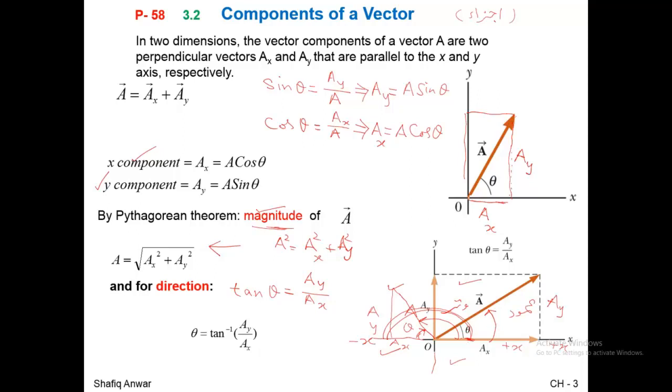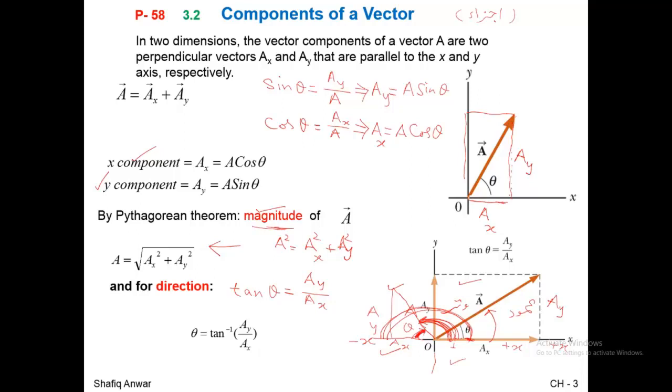Now 180 minus this one, I'll be getting this angle. Again this is 180 degrees. 180 degrees minus this theta, I'll be getting this angle from the positive x-axis this side. As a rule we take this angle positive from the positive x-axis anti-clockwise, opposite to the clock. Okay, right?